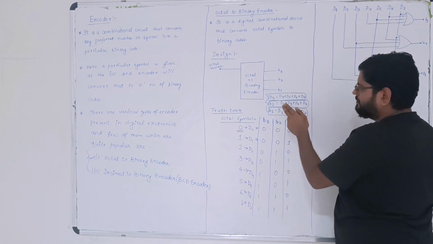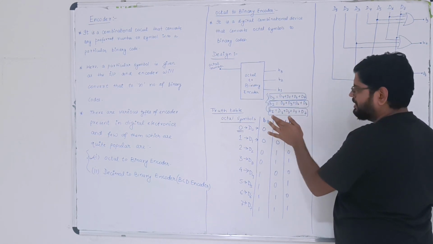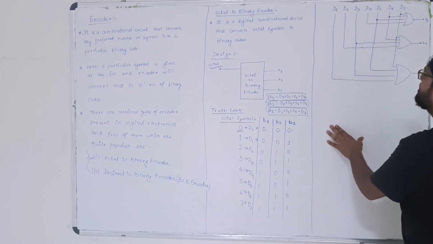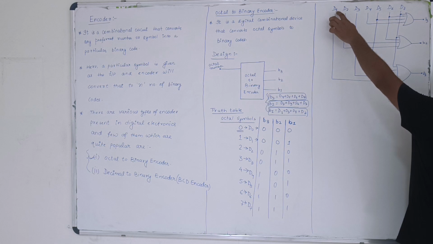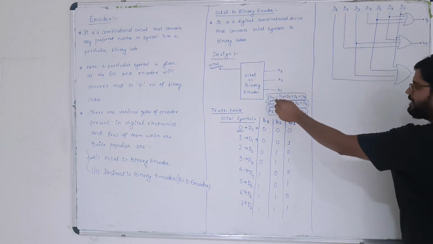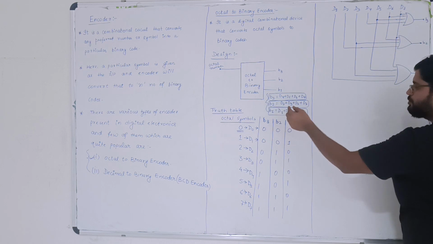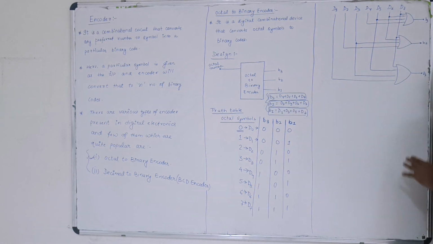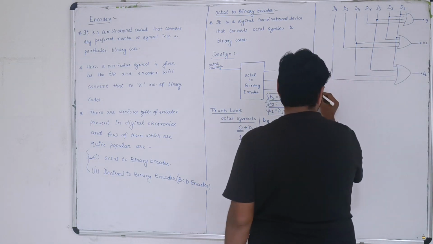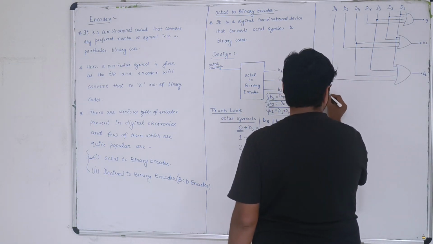Similarly, for B2, we are having D2, D3, D6, D7, and for B1, it is D1, D3, D5, D7. After this, we have taken the data lines from 1 to 7 and connected them as required for B3, B2 and B1. And finally, this is the encoder diagram for octal to binary.